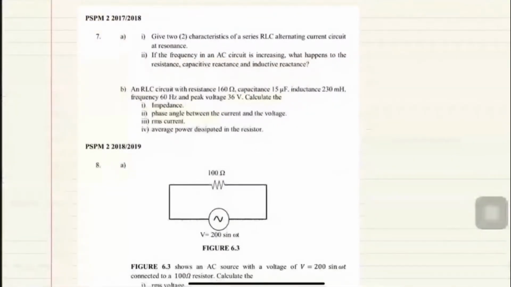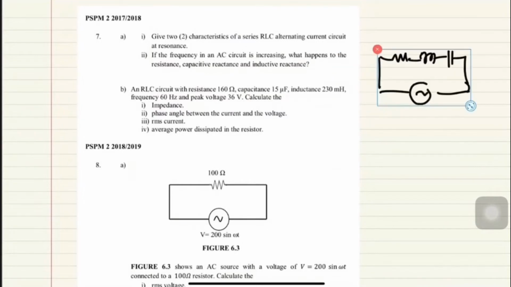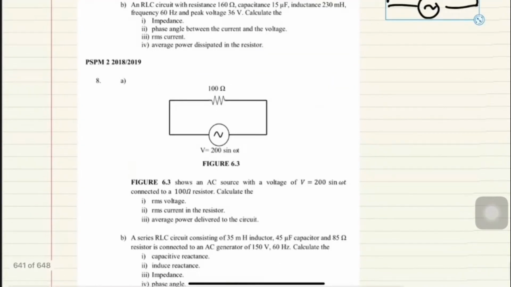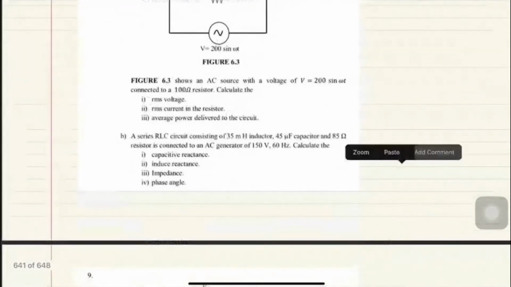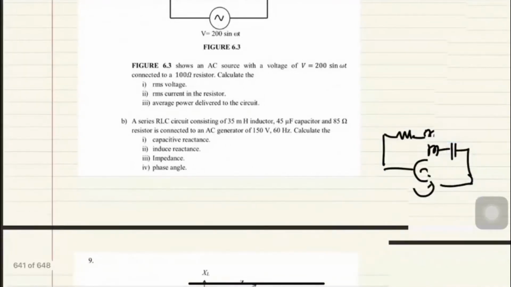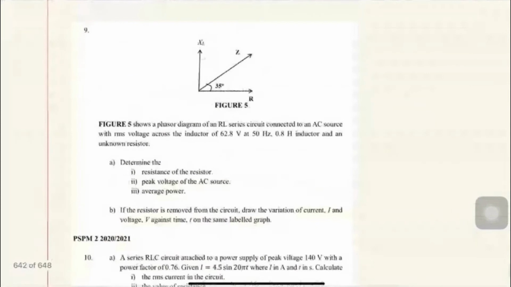7 RLC, B pun RLC. Number 8 R saja, yang B tu RLC. Number 9 RL circuit.